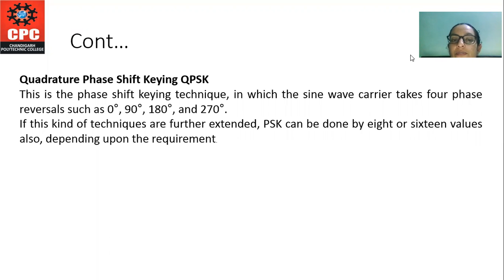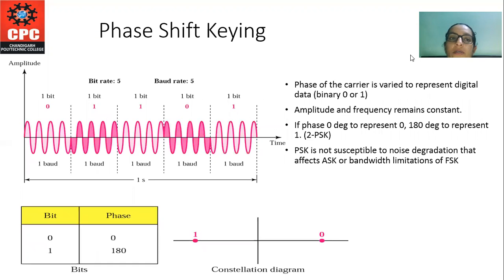In this kind of technique, it is further extended, and PSK can be done with 8 or 16 values also depending upon the requirement. So in phase shift keying, the phase of the carrier is varied to represent digital data, that is binary 0 and 1.